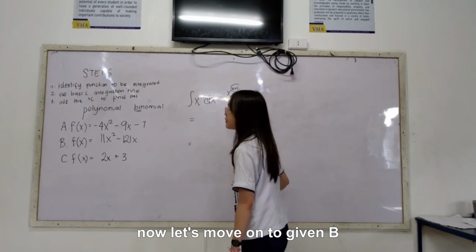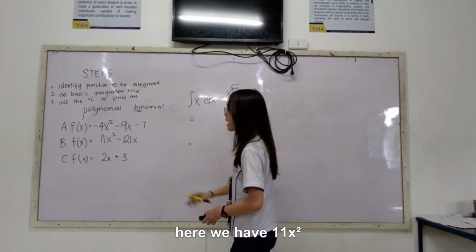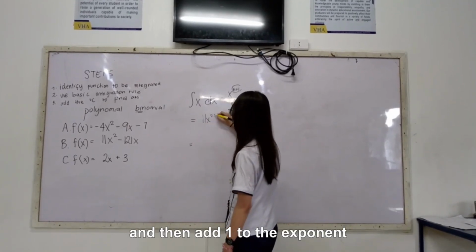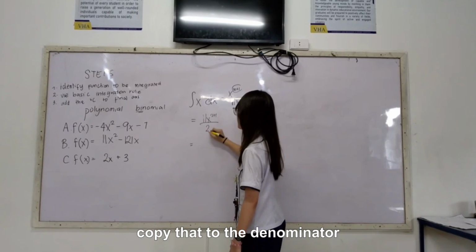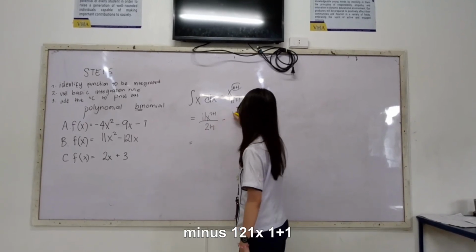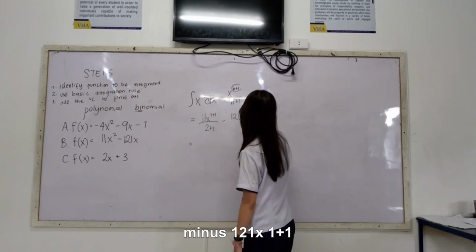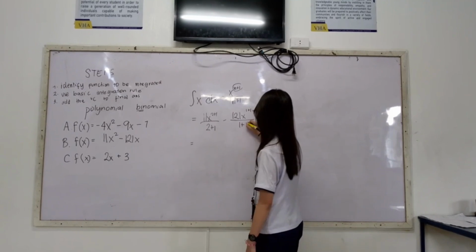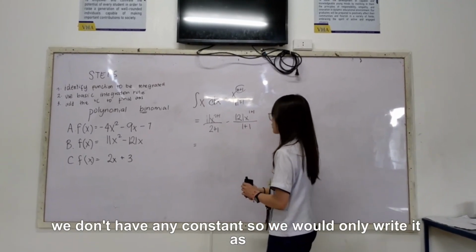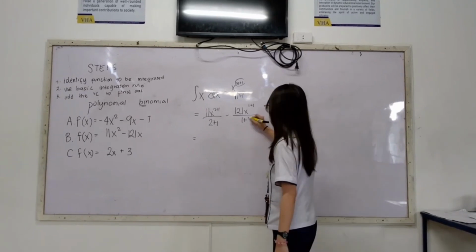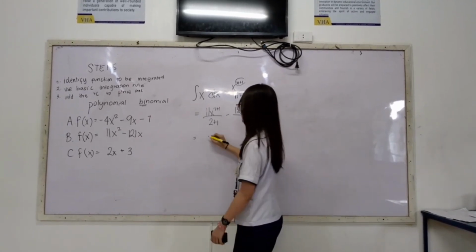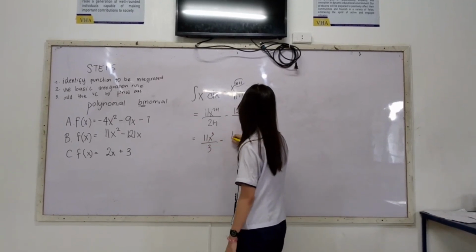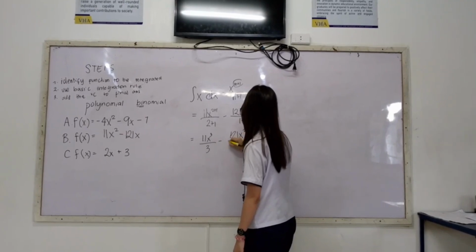Now let's move on to given b. Here we have 11x squared. Just copy that, and then add 1 to the exponent. Copy that to the denominator. Minus 121x, 1 plus 1. We don't have any constant, so we would only write it as 1. Now we're going to add that again. Minus 121x squared.